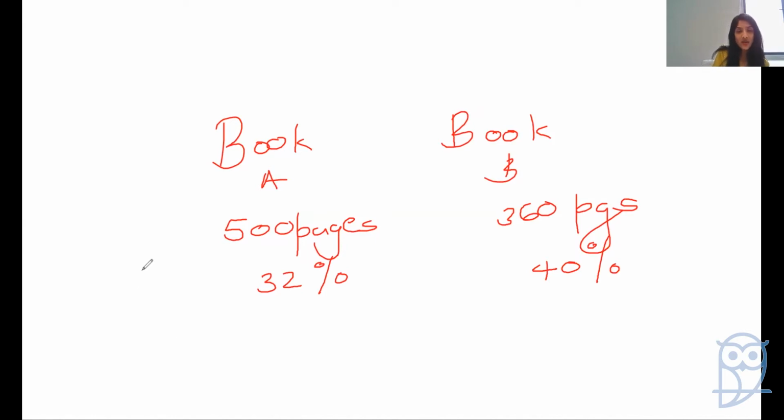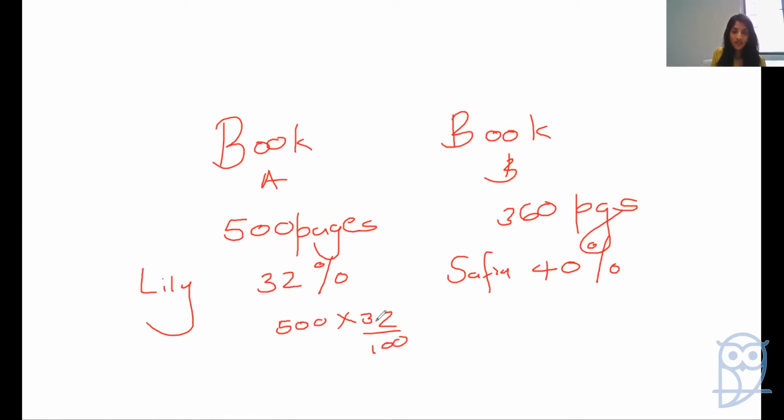Was it Lily that read 32% of a 500-page book, or Safia that read 40% of a 360-page book? How do we work that out? Firstly, 500 multiplied by 32 divided by 100 gives us 160 pages.